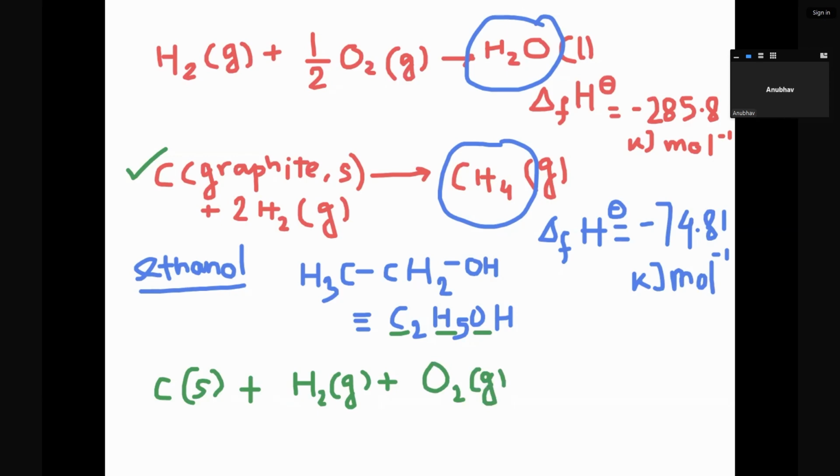So carbon is solid, hydrogen is gaseous, and oxygen is gaseous. Now we will form the compound that is C2H5OH, which is liquid. Now for this reaction, the ΔfH° value is minus 277 kilojoule per mole.